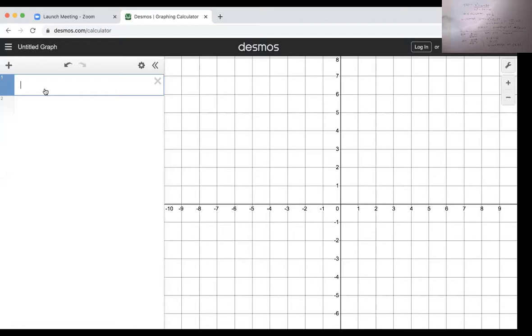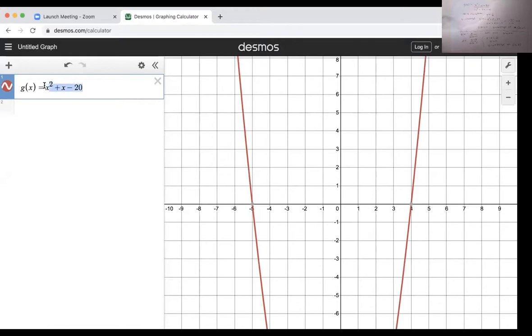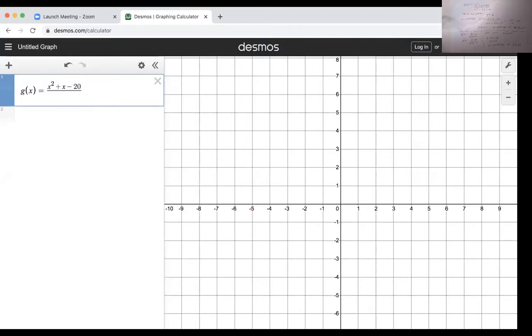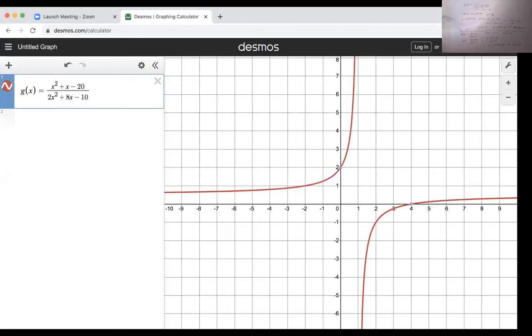So our original question was, g of x equals, upstairs we had x squared plus x minus 20 divided by, downstairs we had 2x squared plus 8x minus 10. And see what you see here.